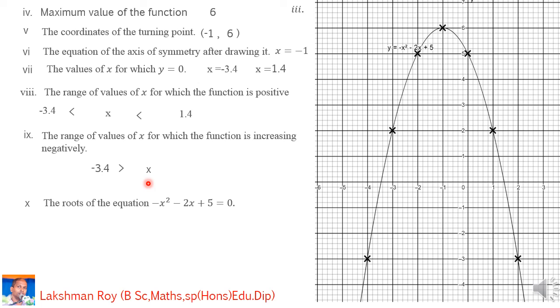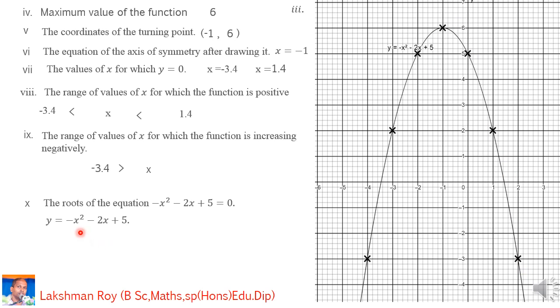Right, next, Roman number 10. The root of the equation negative x square negative 2x plus 5 equals 0, right? Root. Now see the function, students. This is the graph we drew, the geometrical representation of the function.